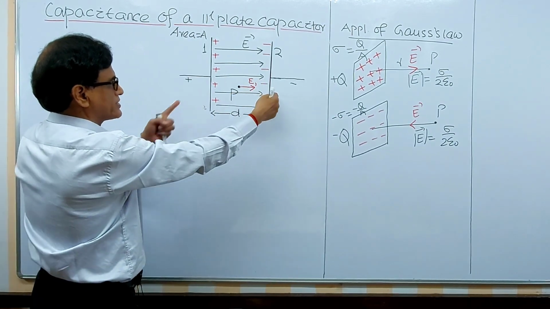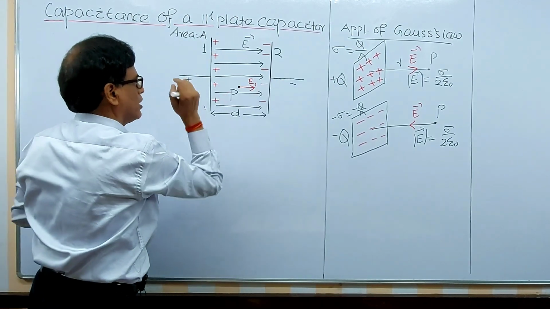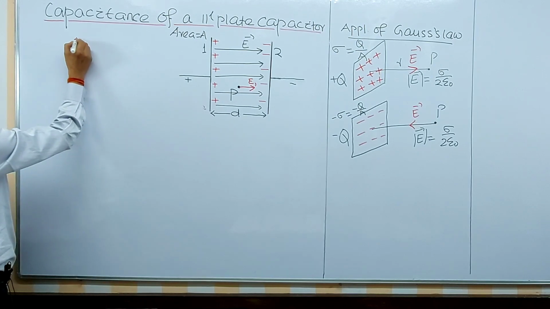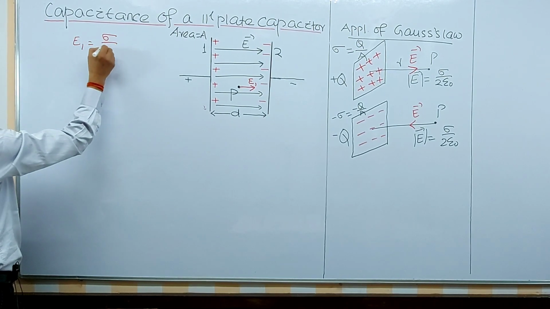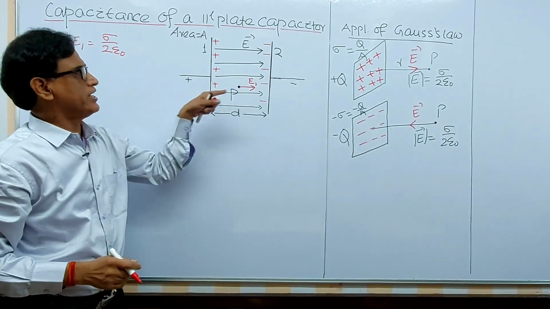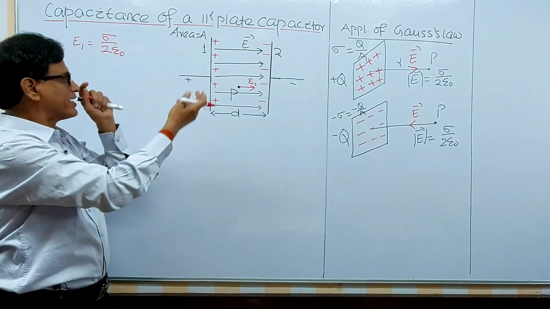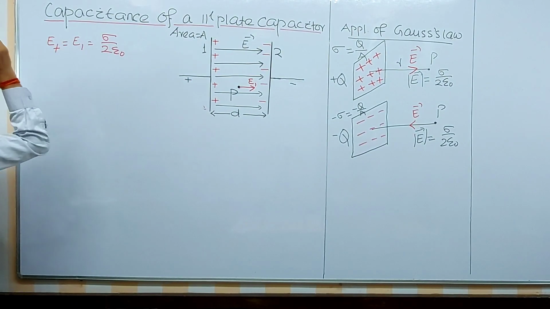Electric field inside these two plates due to the positive plate, as per the application of Gauss law, E1 equals sigma by 2 epsilon 0. It is towards the right as seen from the diagram.